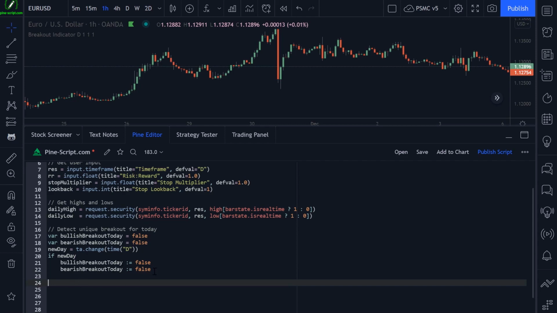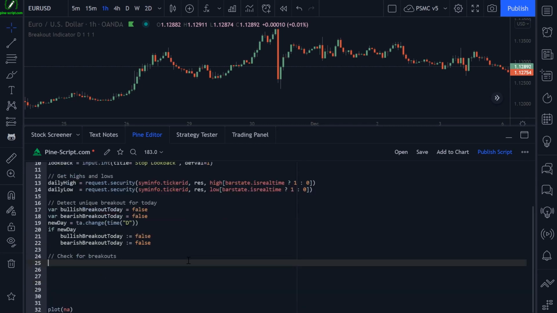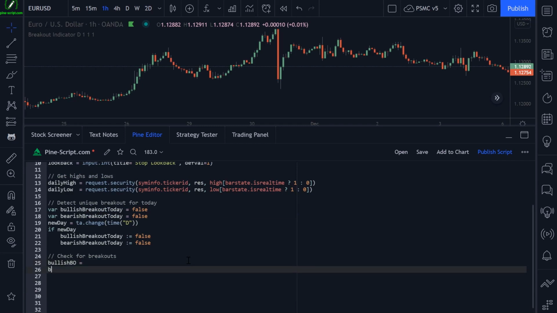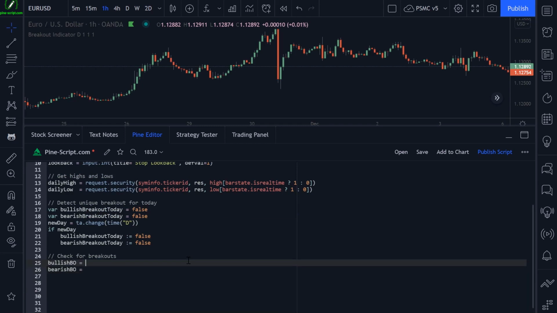So this resets our bullish and bearish breakout flags. The next thing we need to do after this block of code, where we reset our flags on each new day, is check for breakouts. So I need two new Boolean variables here, bullish breakout, I'll just call it bullish BO, and bearish BO. And bullish BO is going to be set to: is the current intraday bar's closing price greater than the daily high that we get up here?